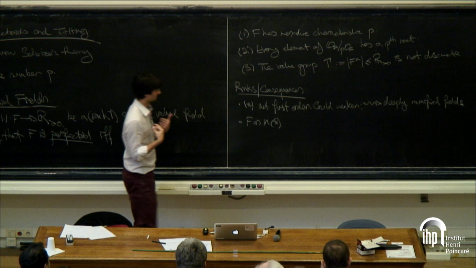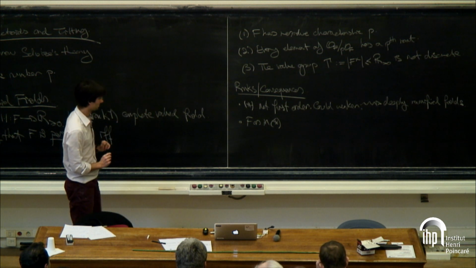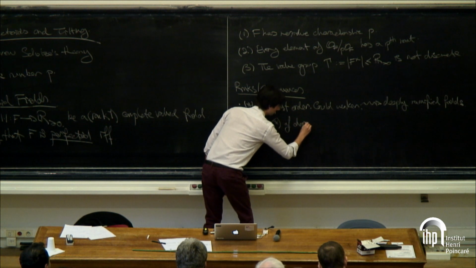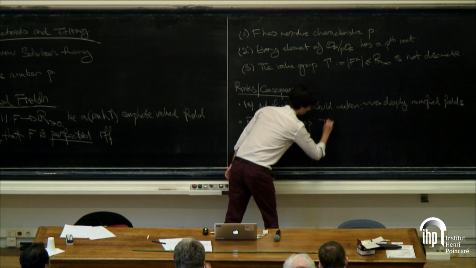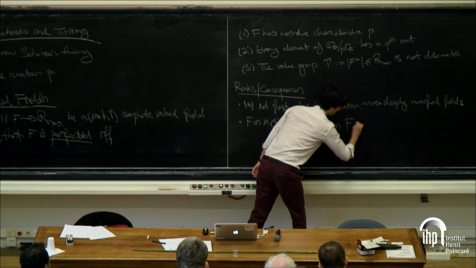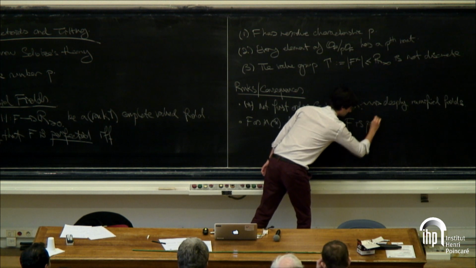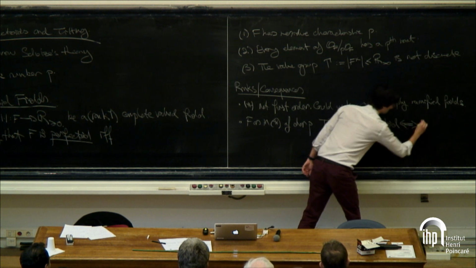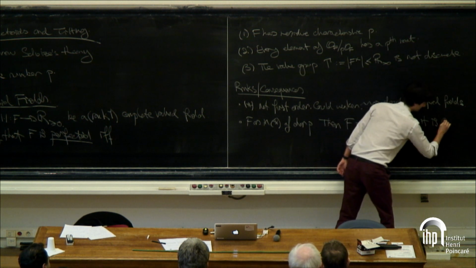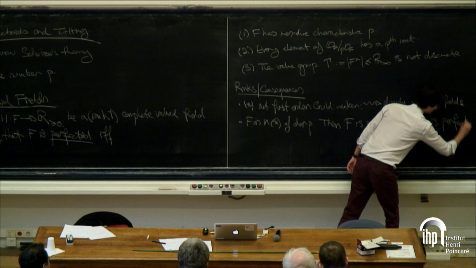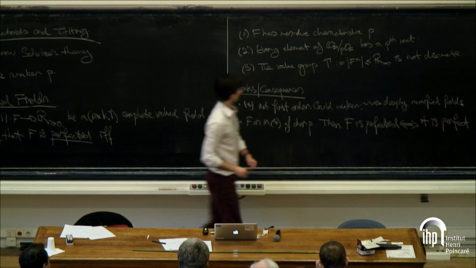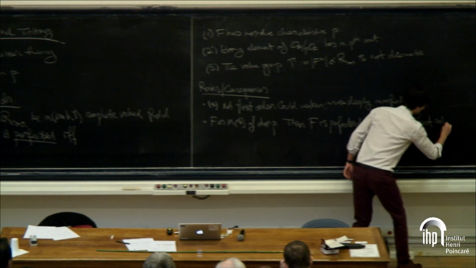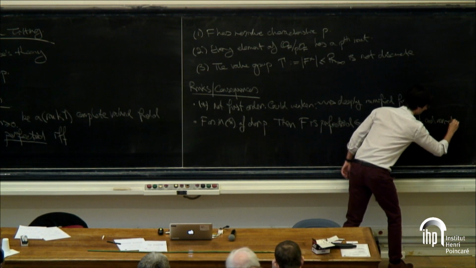Secondly, what happens in characteristic p? If I take some complete rank 1 valued field of characteristic p, then it's perfectoid in this sense if and only if it is perfect in the usual sense. I guess I should say perfect and non-discretely valued.